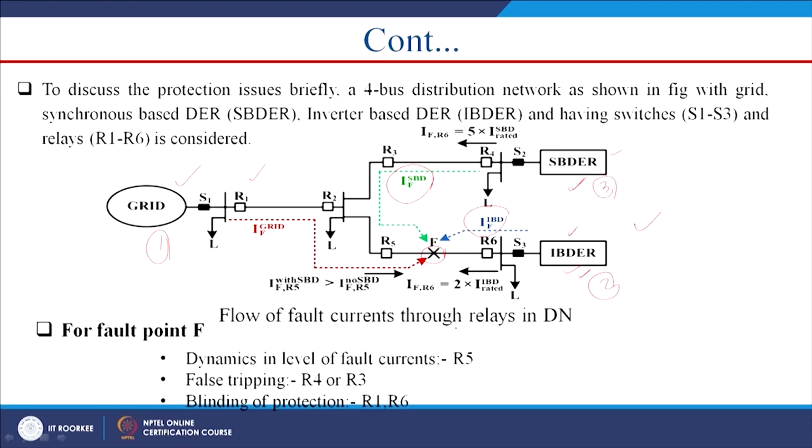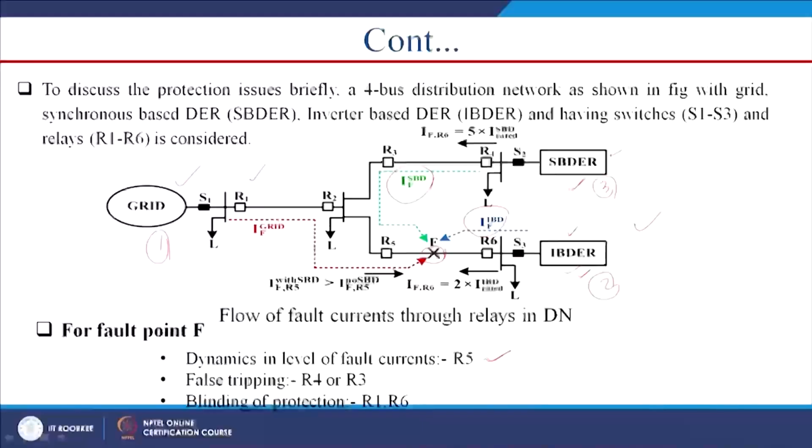Let us see the first issue, the dynamics in the level of fault current seen in relay 5, R5. This R5 will see a huge amount of current, that is 5 times the rated current. So, if this relay is not properly set, we have to keep proper settings so that the relay should trip properly. That is the first.